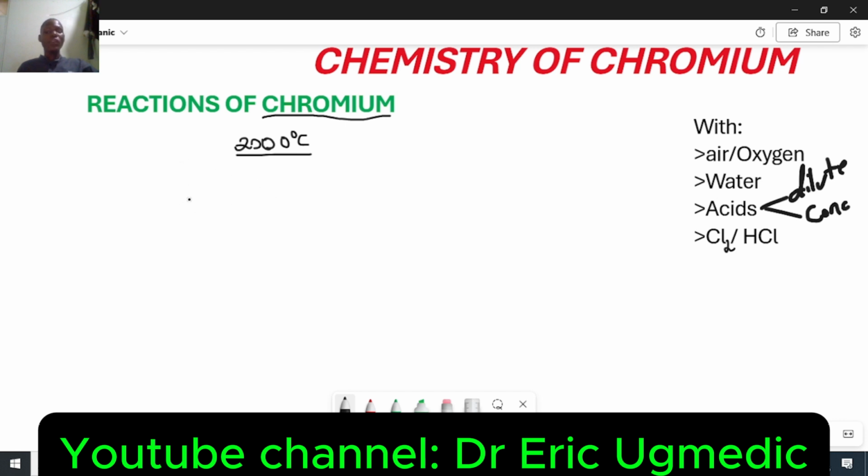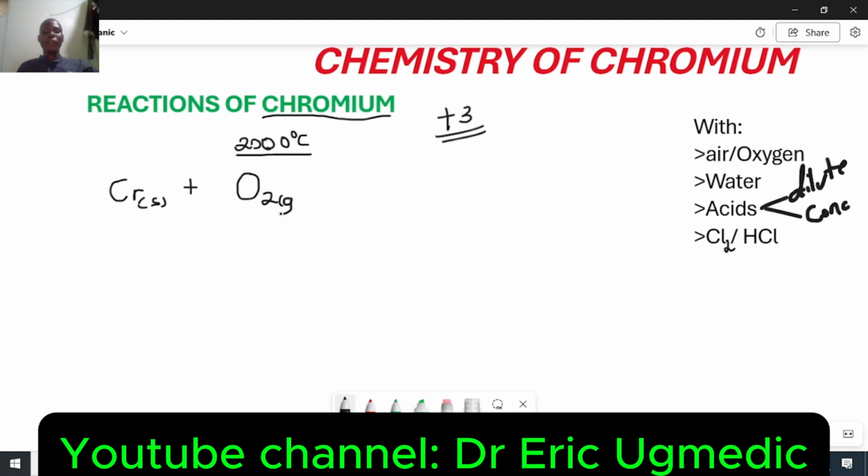It will form compounds in its most stable oxidation state, that is the plus 3. So we shall have chromium reacting, this is a solid, with oxygen, that is a gas.